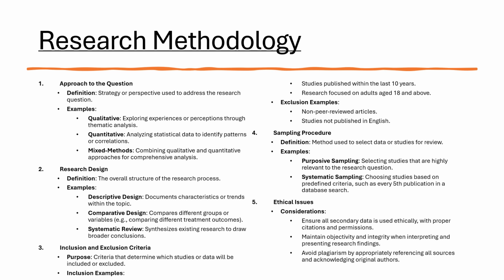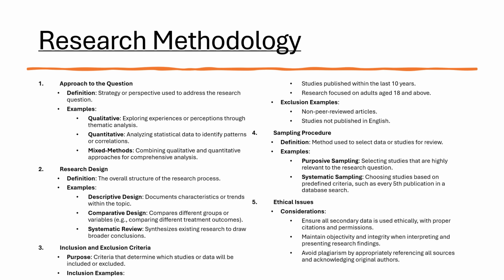So also, number three, you need to look at the inclusion and exclusion criteria. What is the inclusion? Okay, what population are you going to include in your research? Which ones are you going to exclude from your research? The purpose of doing this is that the criteria determine which studies or data will be included or excluded.